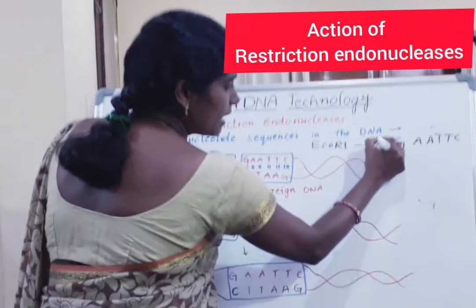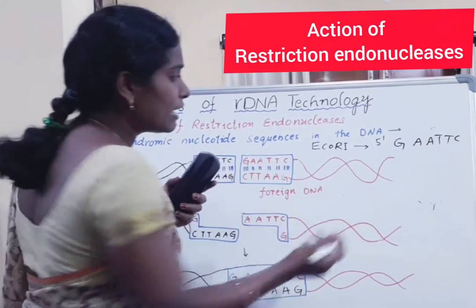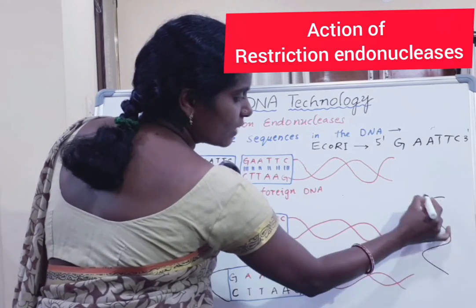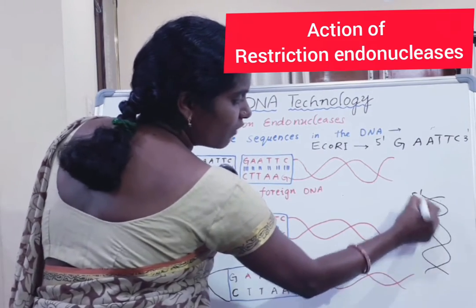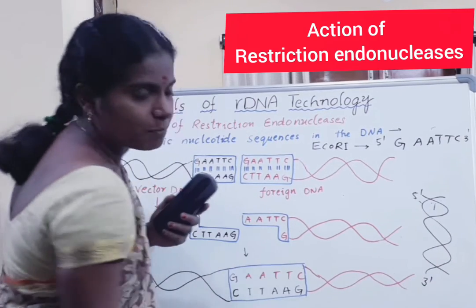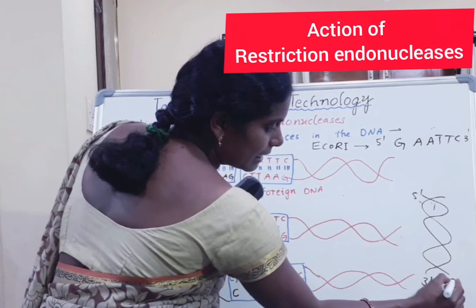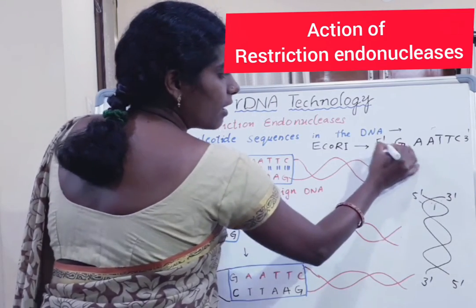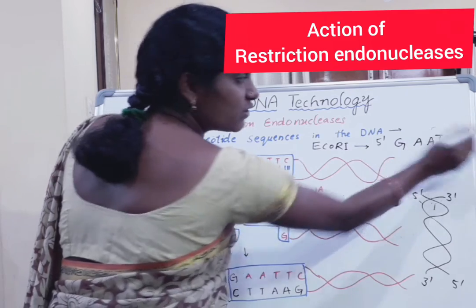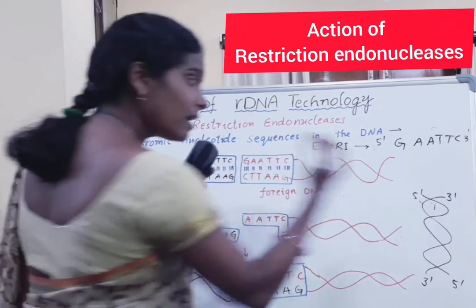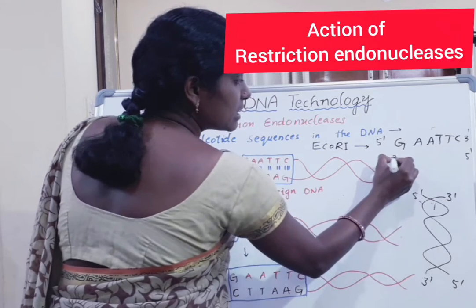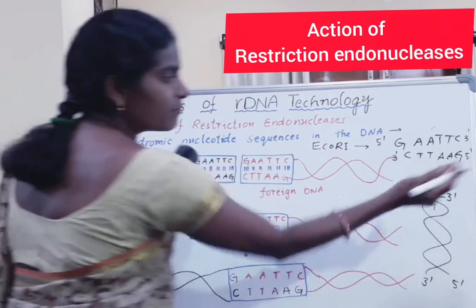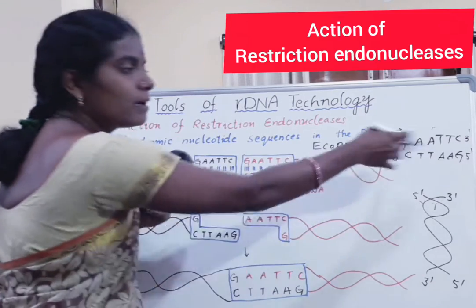If it is one strand, it runs 5 prime to 3 prime, and the opposite strand runs in the opposite direction, 3 prime to 5 prime. So in one strand, 5 prime GAATTC 3 prime, and the opposite strand from 5 prime to 3 prime is also GAATTC, the same bases.